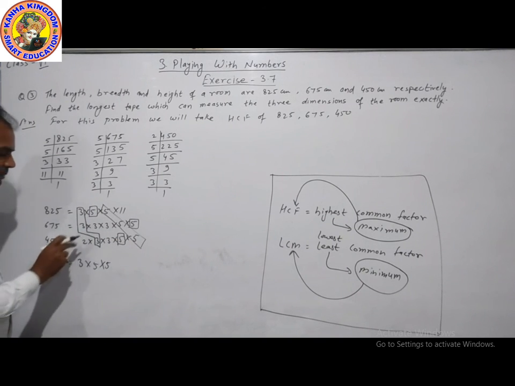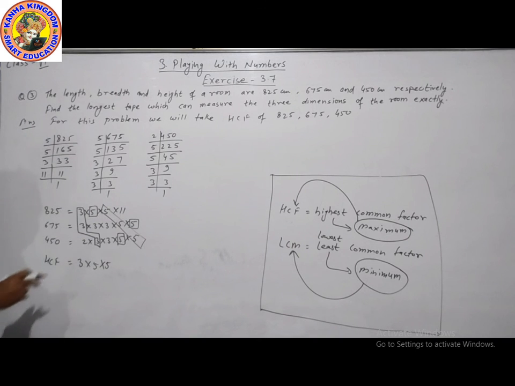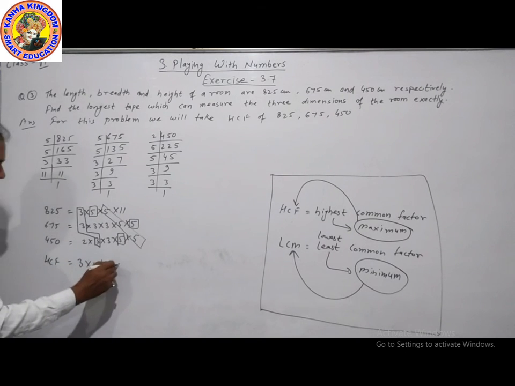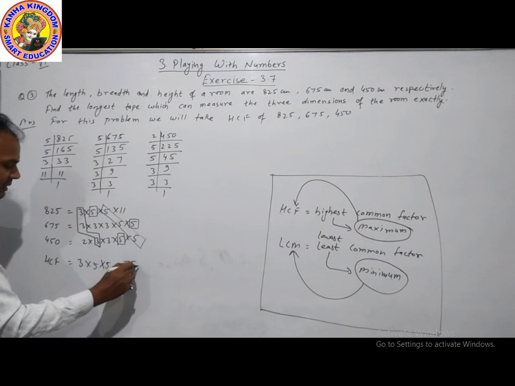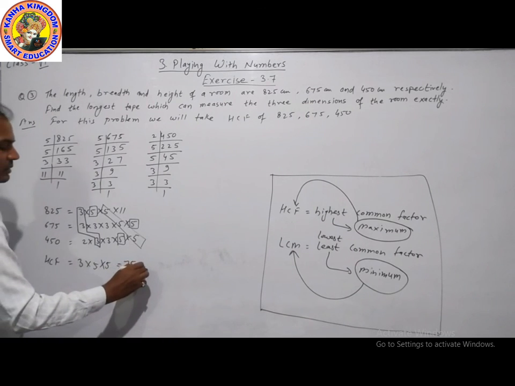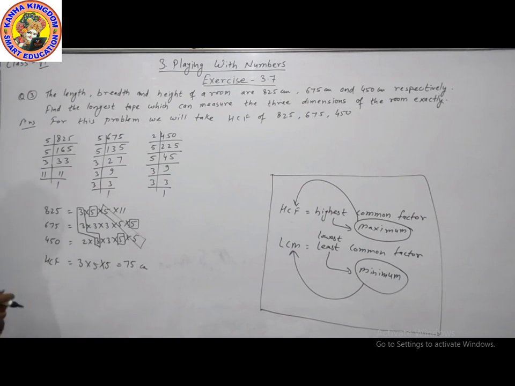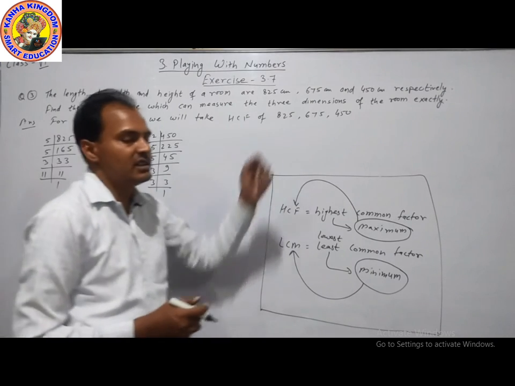So HCF is 5 into 5, 25, 25 into 3, 75. The HCF is 75. So we use a 75 centimeter tape to measure these dimensions.